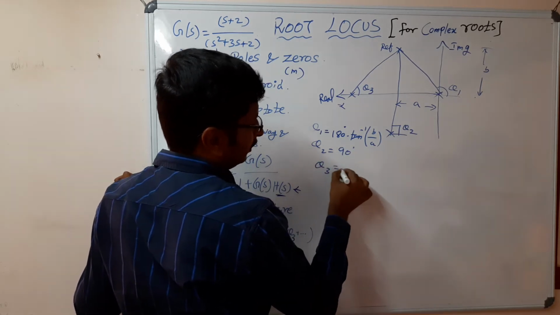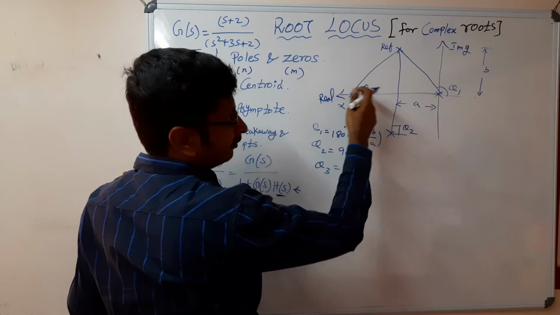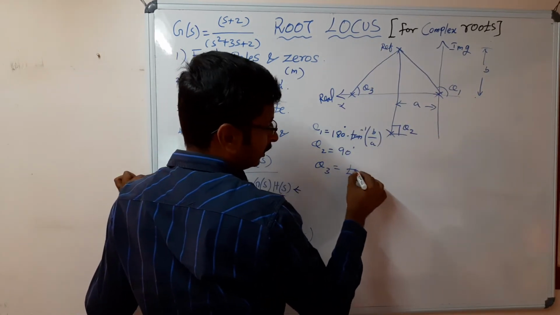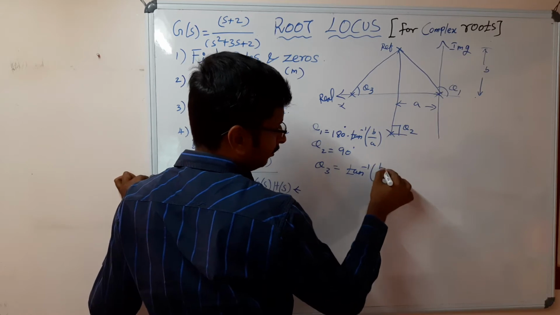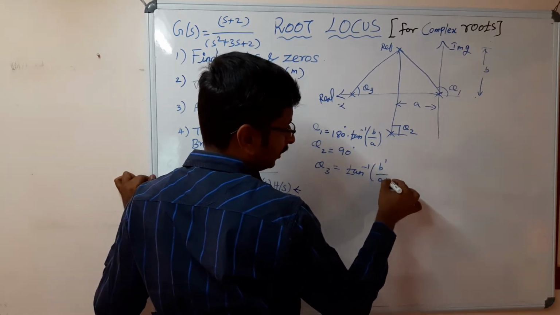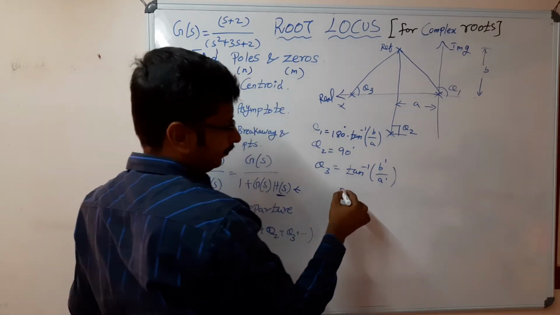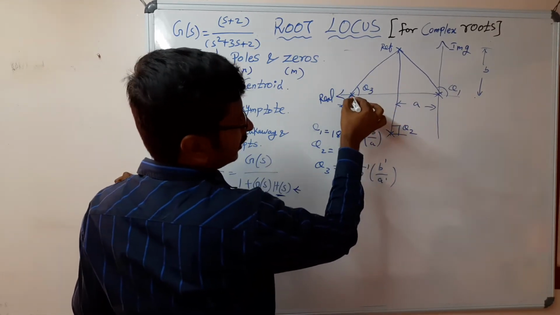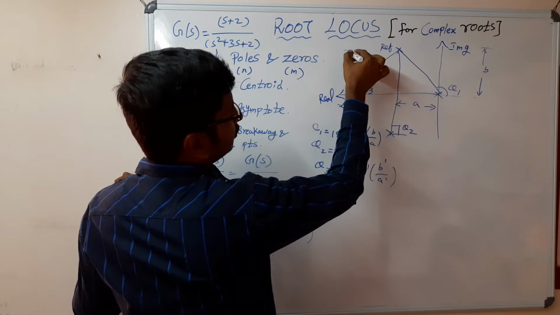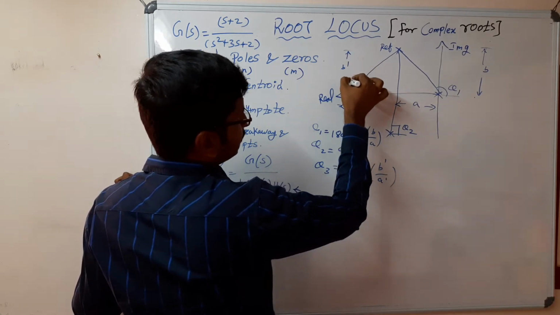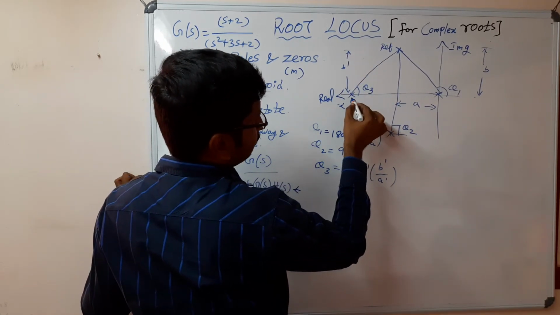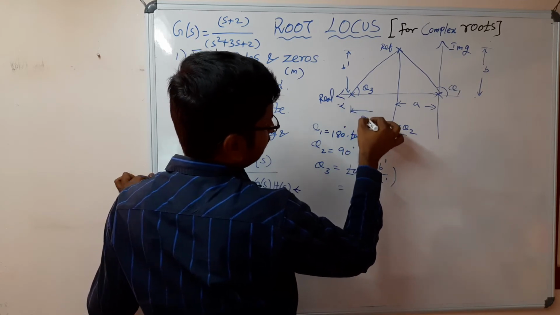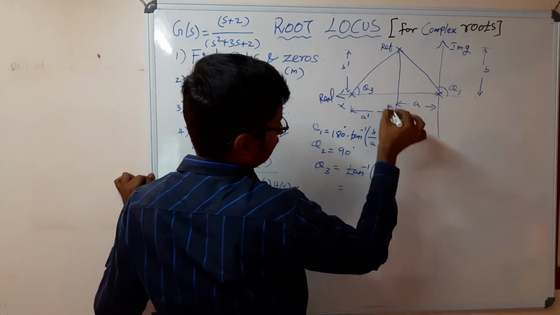Theta 3 lies to the left hand side of my reference pole, so you won't get this 180, you will get tan inverse of b dash by a dash. In the same way, b dash is the height from my third pole to my reference pole, and from here to the x axis, this is a dash.